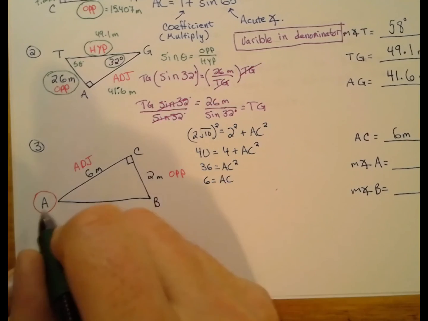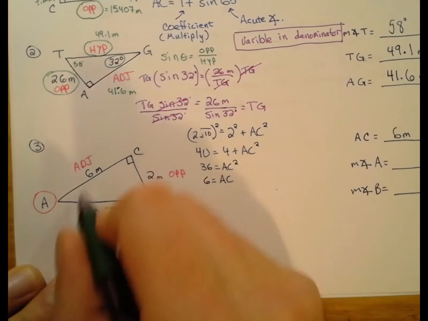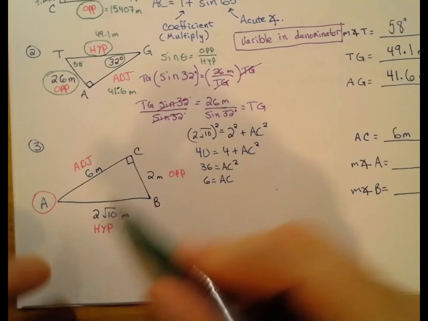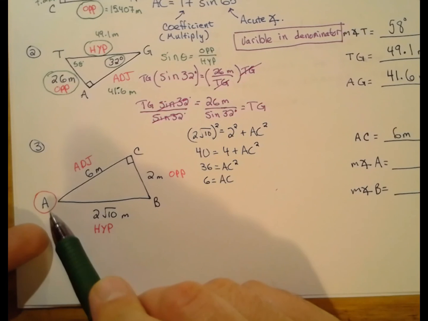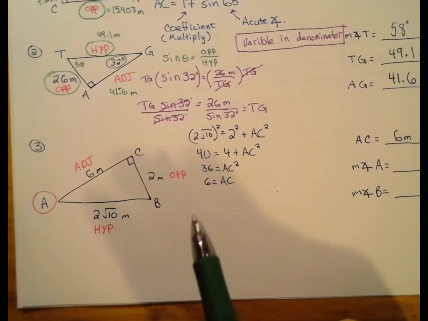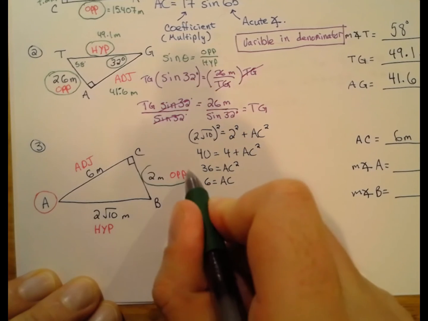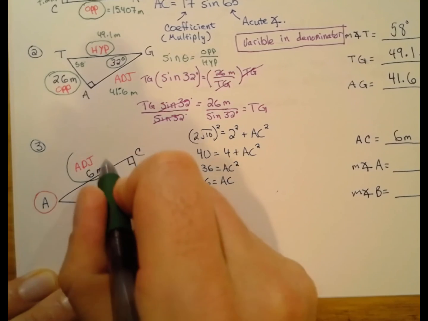All right, so now 2 of the things that I know are side lengths. I actually know all 3 sides, and the unknown is A. So we know all 3 sides. We could use any trig function, but I think it'd be easiest if we use these nice whole numbers.